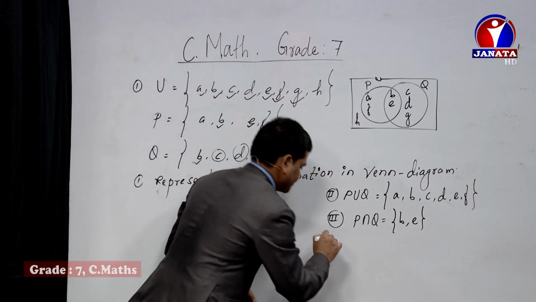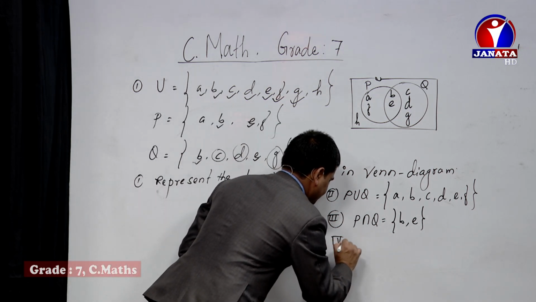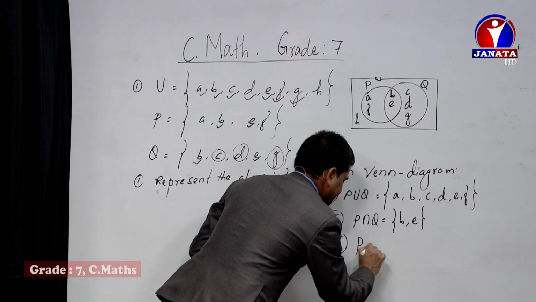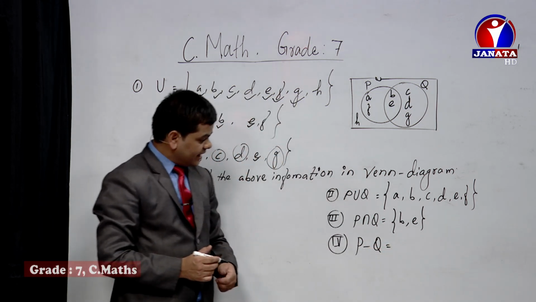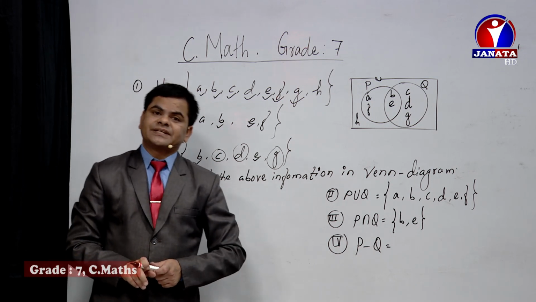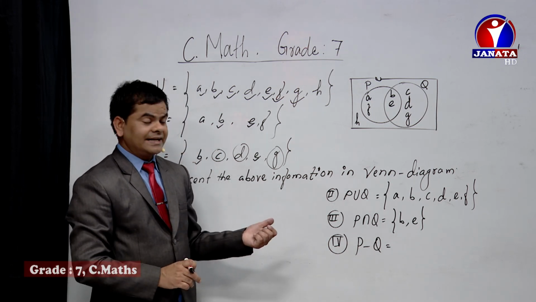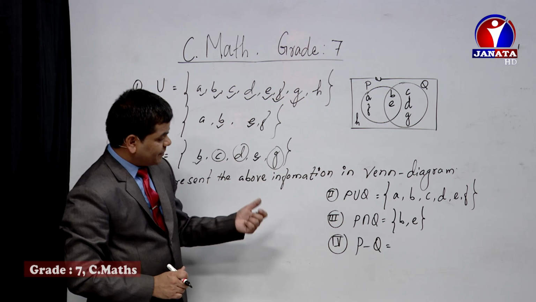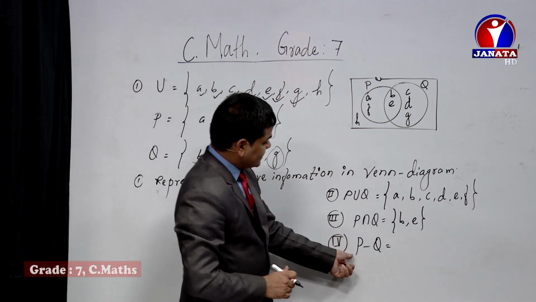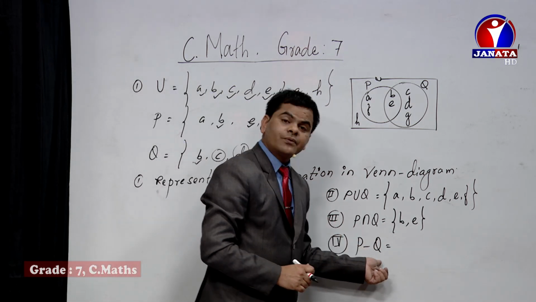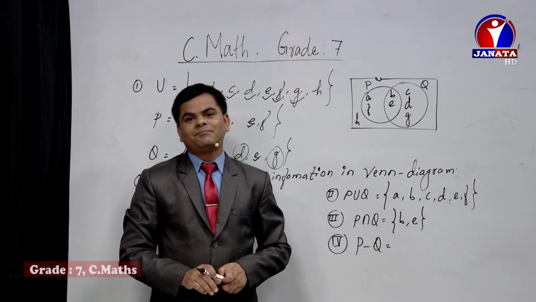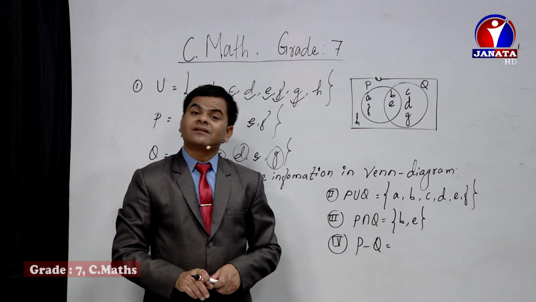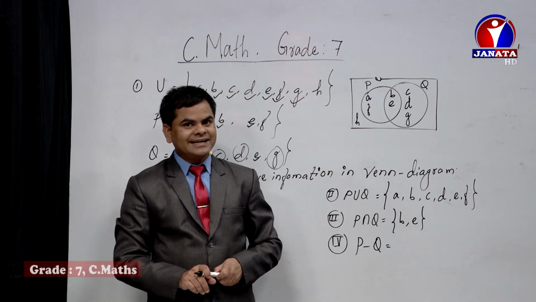Now similarly, dear students, if you have to find P difference Q, sometimes you might be asked, or you may be asked in the future, P difference Q. I have already told about this. If you see in the Venn diagram, P difference Q represents the elements contained in the P set only, which are the pure elements of the P set.